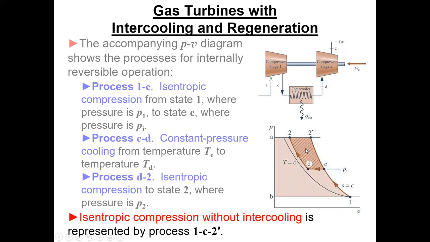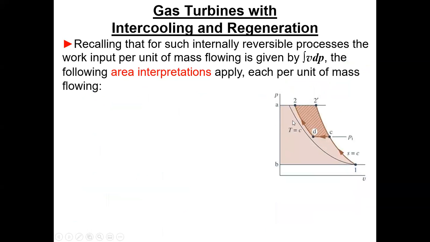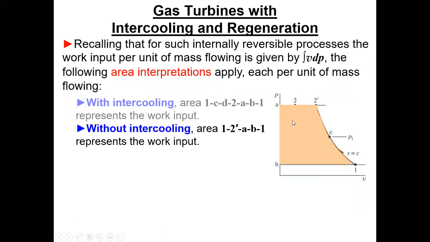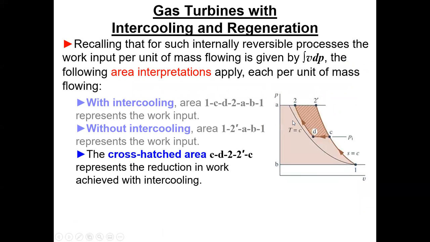Isentropic compression without intercooling is just 1 to C to 2, all the way straight up. So there's our work per unit mass with intercooling, and the total work required without intercooling, and what you save is the hatched region.